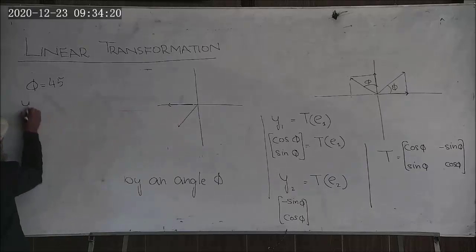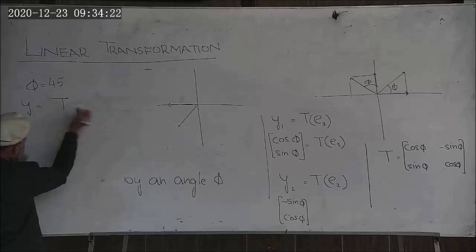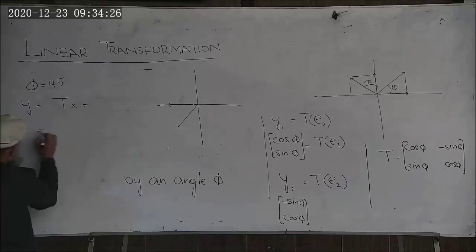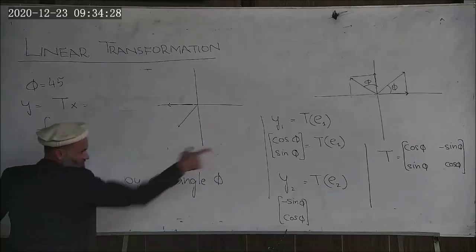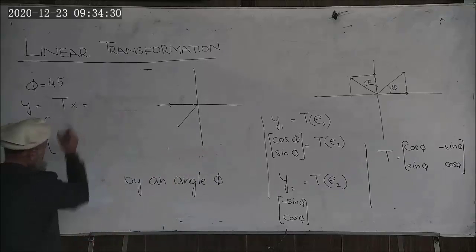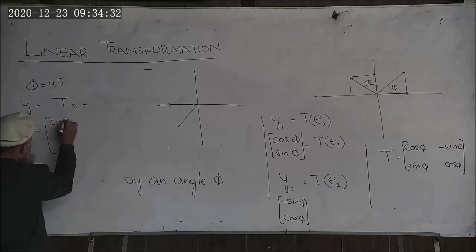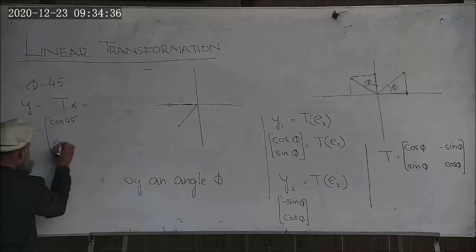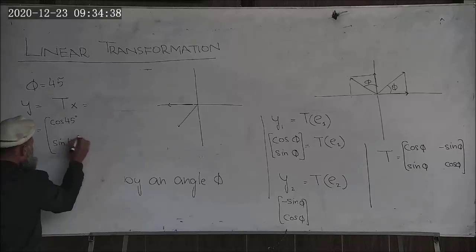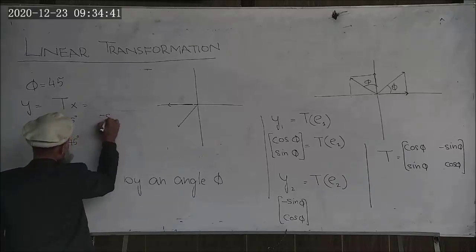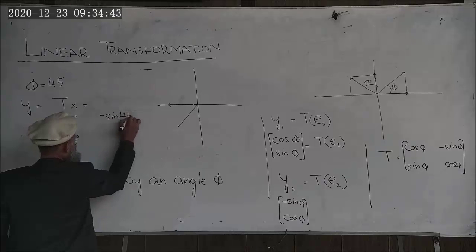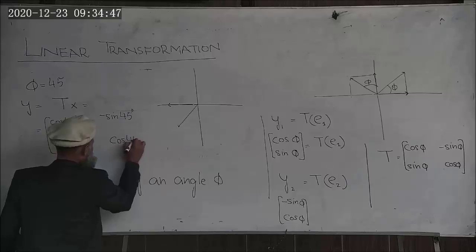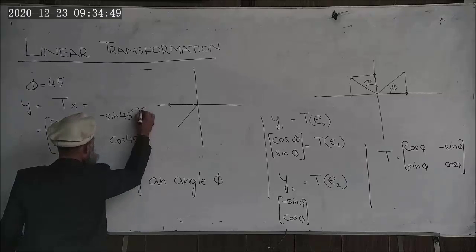What is this vector? So y is equal to T into x, and we have already found T: cosine of phi, minus sine of phi, sine of phi, cosine of phi. What is cosine of 45 degrees? Cosine of 45 degrees and sine of 45 degrees, here minus sine of 45 degrees and cosine of 45 degrees, multiplied by x.